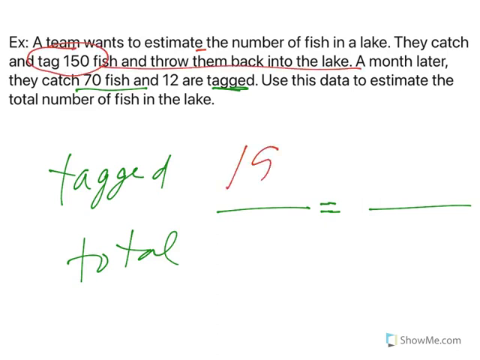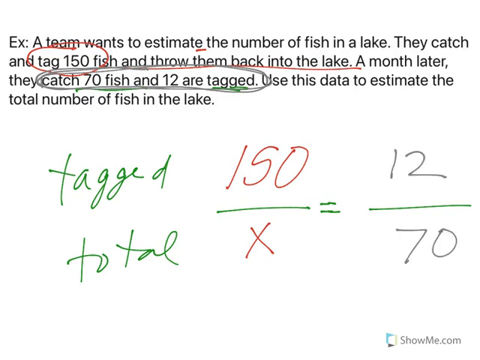So that means 150 are tagged out of how many? Well, I don't know. But then later, they catch 70 fish and 12 are tagged. So that means out of 70 total fish, 12 are tagged. Remember, it's about finding the groupings. What groupings are we playing with here?